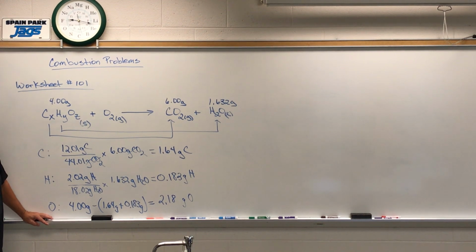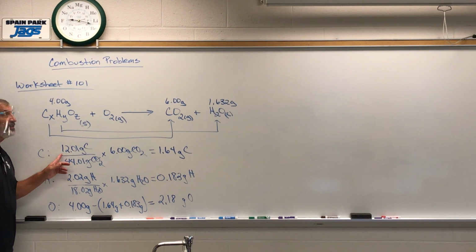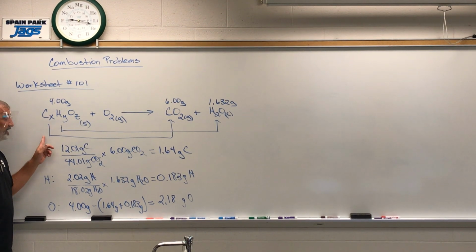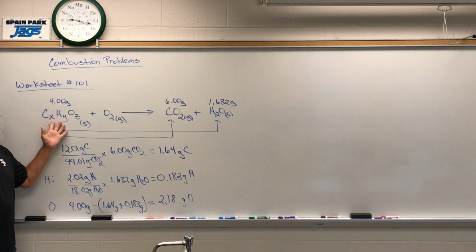Okay, now, once we're to this point, now it's just like the problems we just did on the board. Now we have grams of each element, and now all we gotta do is change to moles, divide by the smallest and get the mole ratio. So when we have a combustion problem like this, there's just an extra step where we have to use percent composition to determine the grams of each substance.